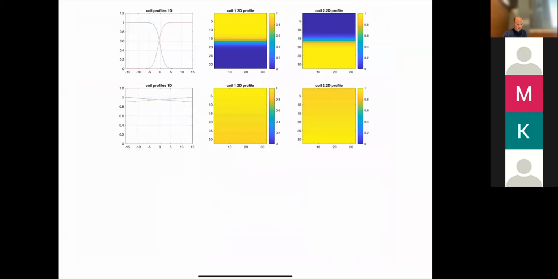So let's look at this example. The question is, which one of these would be better for GRAPPA? We already said that this one is going to be better for SENSE, because it gives me two fairly independent columns in that matrix, whereas this gives me columns that are too similar, so I get a lot of noise amplification.